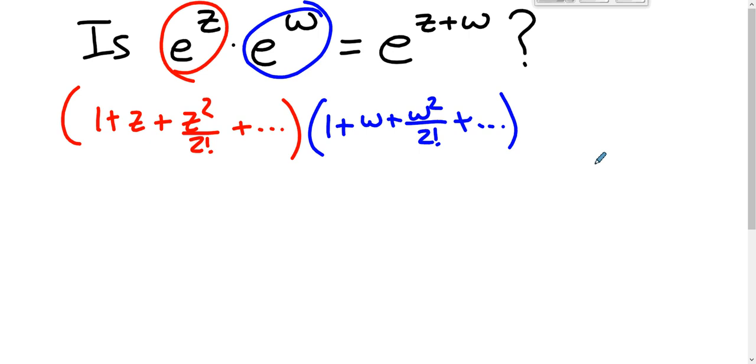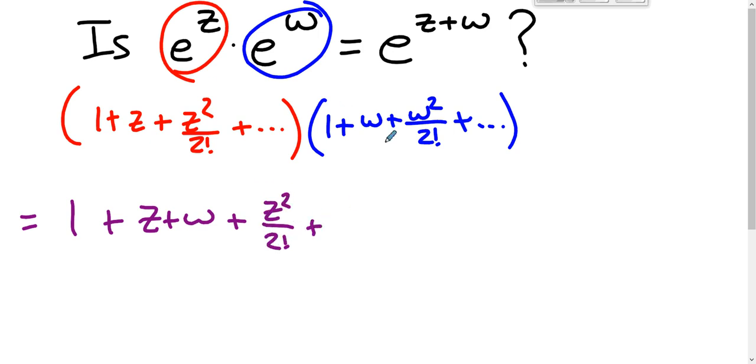Well, we can expand the brackets, and if we expand the brackets, we get 1 plus z plus w plus z squared over 2 factorial plus zw plus w squared over 2 factorial, and so on.